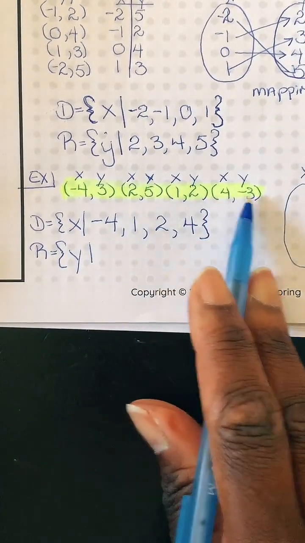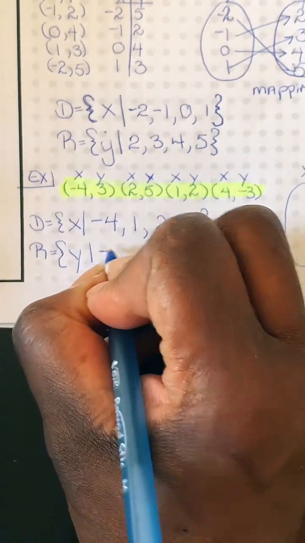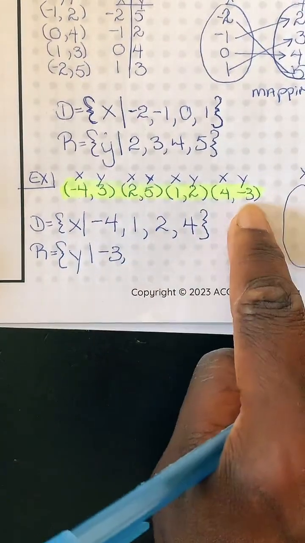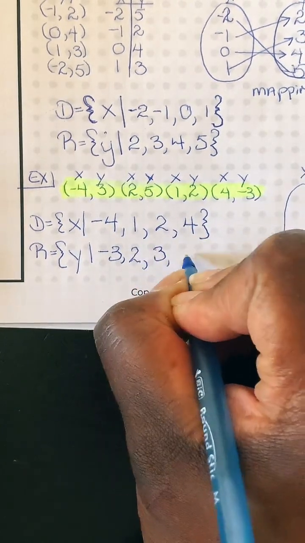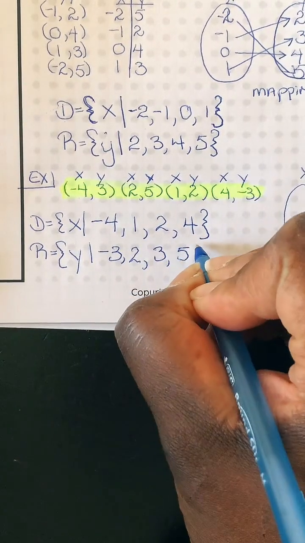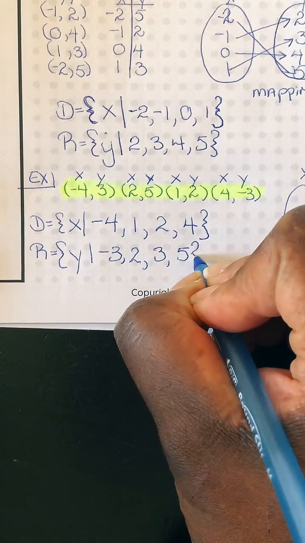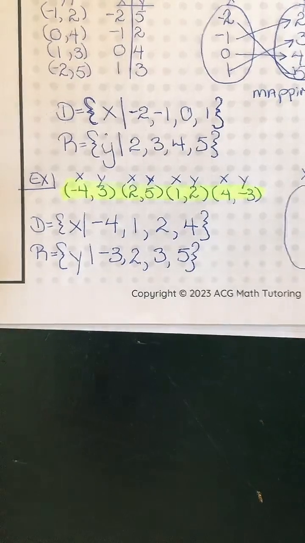If we want to put it in descending order, we could: -3, then 2, then 3, then 5. Then I'm going to put my brackets around them. Okay?